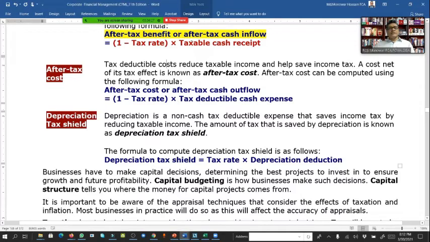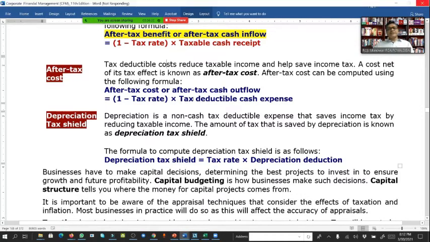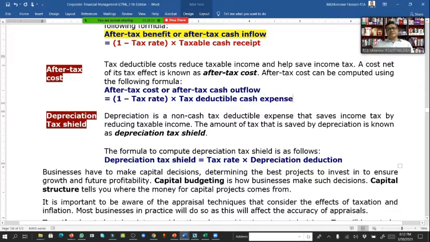So here is taxable cash received, and here is tax deductible cash paid: 1 minus tax rate multiplied by tax deductible cash paid. So the tax deductible cash expense reduces taxable income and helps save income tax.